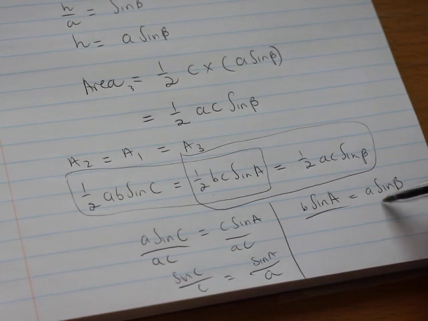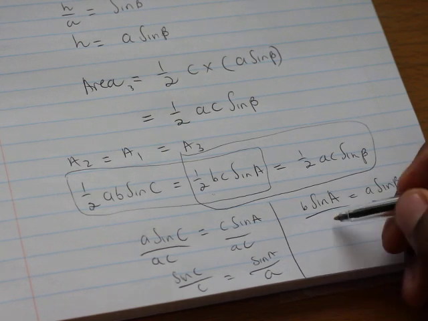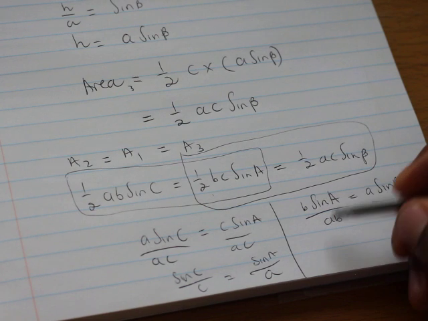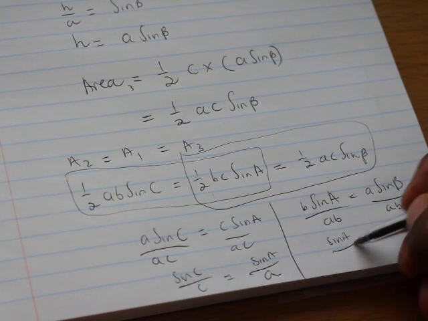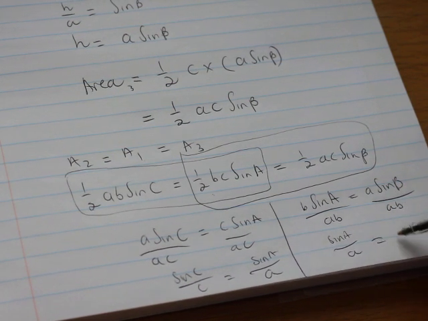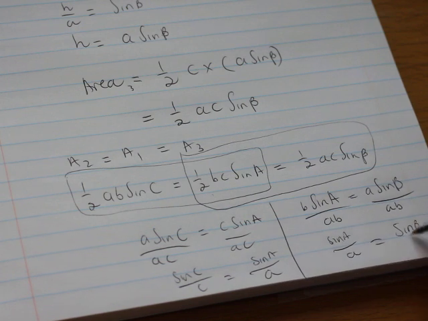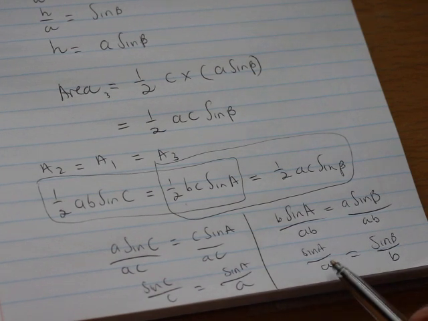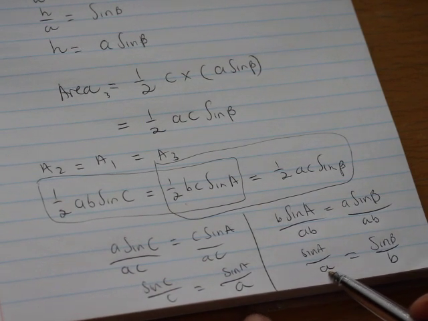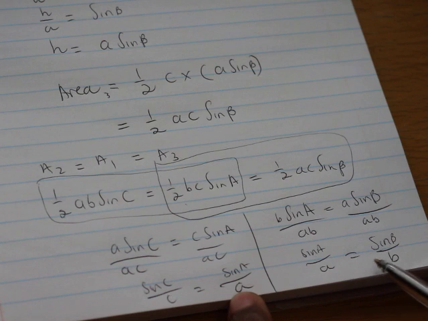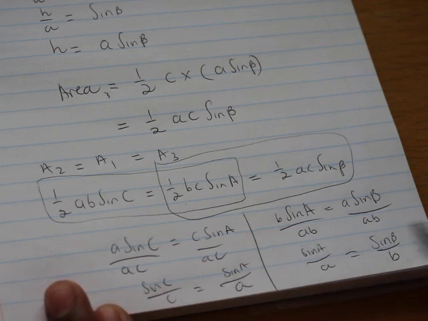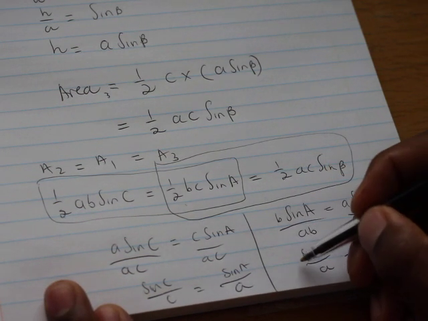Then we divide by the product of the constants, a and b, so sine a over a equals sine b over b. You can see that sine a over a is equal to both sine b over b and sine c over c, meaning that all of these are equal.